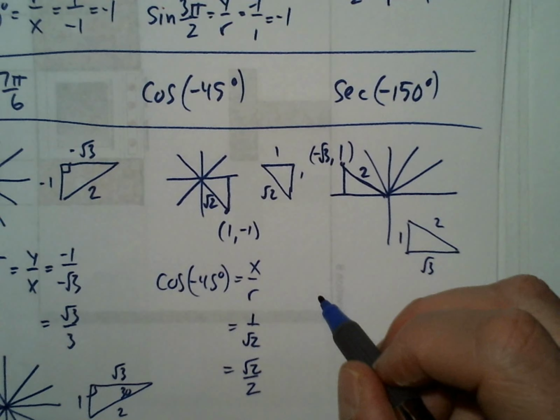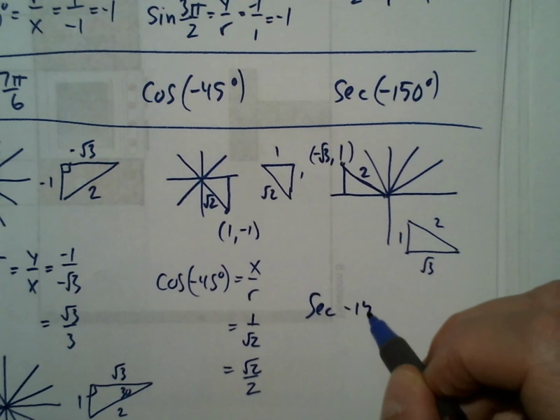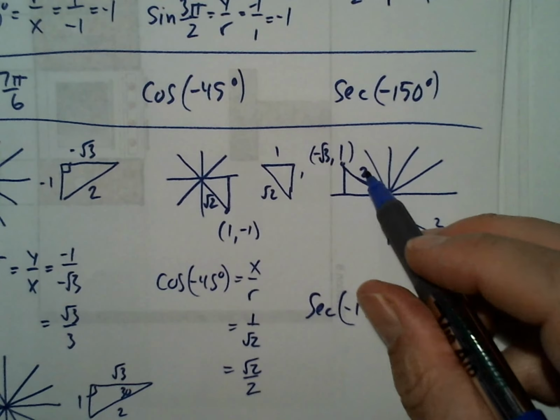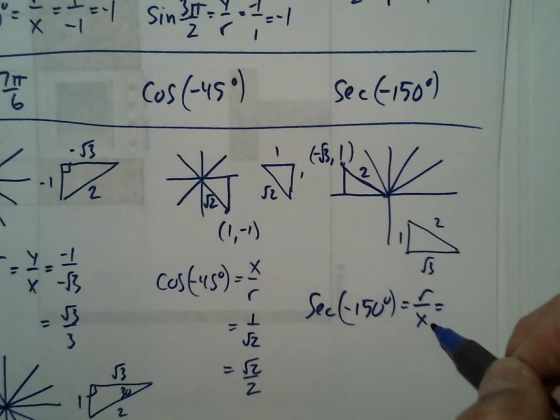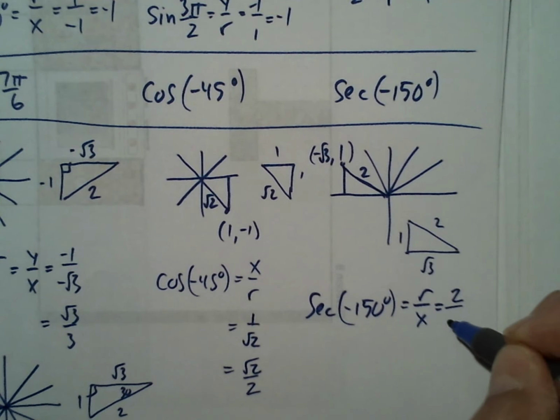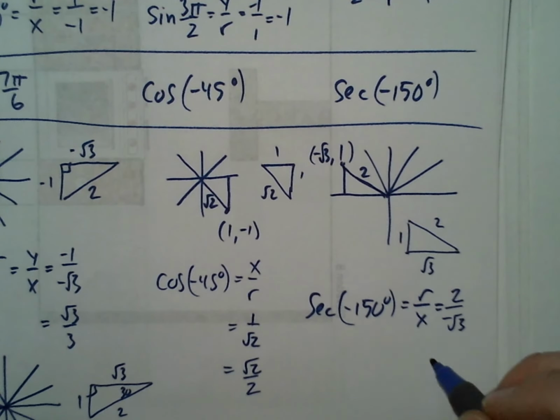And we're doing secant. Secant is r over x, so the radius is 2, and the x is negative radical 3, 2 over negative radical 3, which would be rewritten as negative 2 radical 3 over 3.